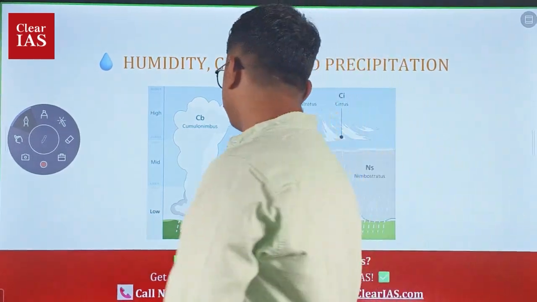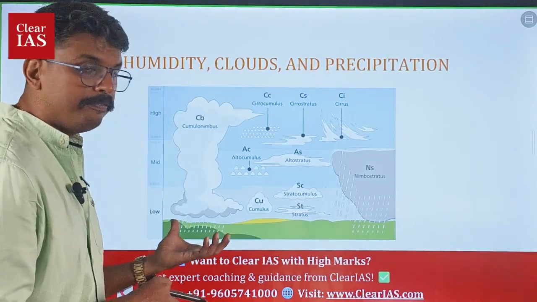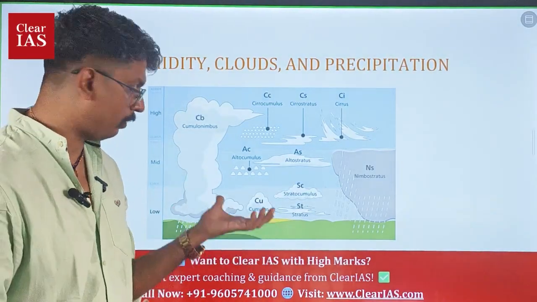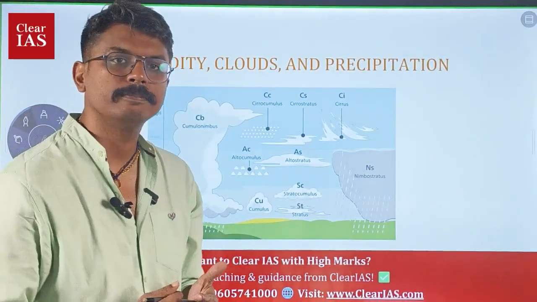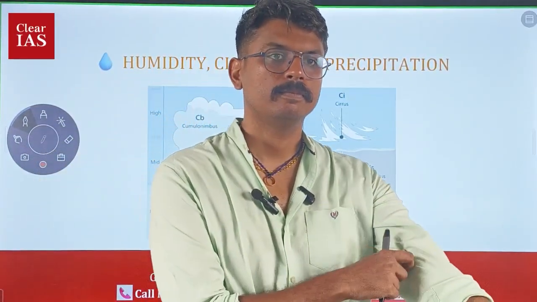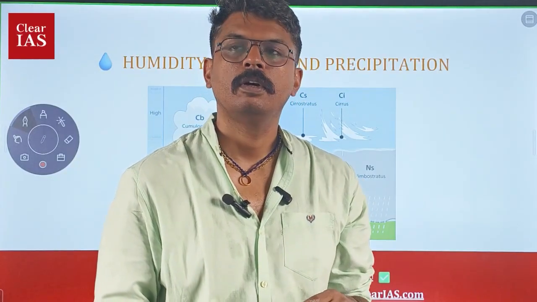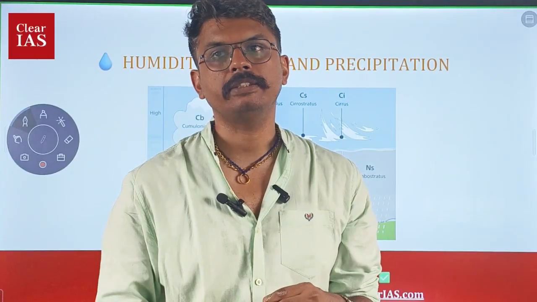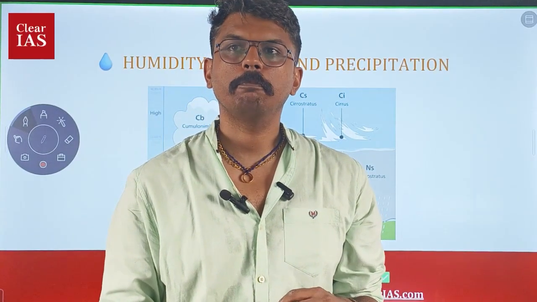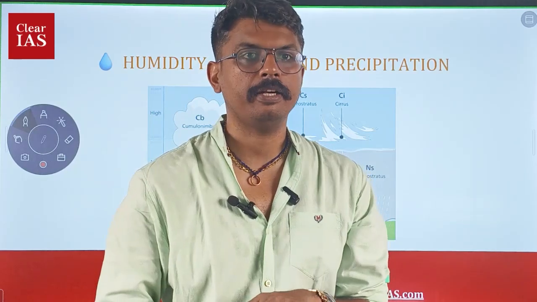So such types of clouds are called cumulonimbus clouds. And usually when we hear about cloud bursts and all, these are the clouds that cause cloud bursts. Well, cumulonimbus clouds would be formed over deserts very rarely, because the moisture is less in the atmosphere there.